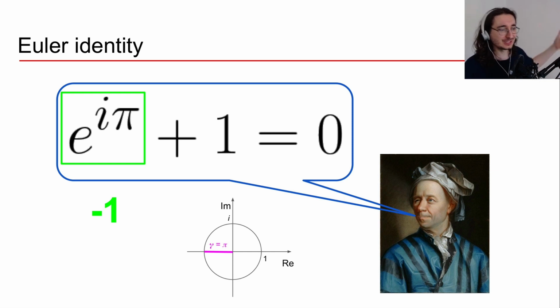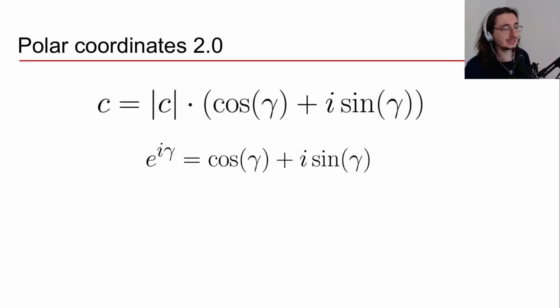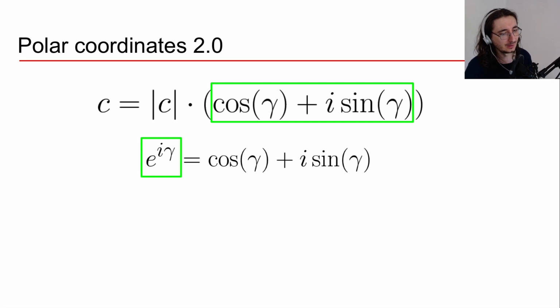Okay, but now let's go back to our polar coordinates for the complex numbers. The top equation here gives us the polar coordinates as we've come to know them. And here we have the Euler formula. Do you notice something interesting there that we could use to our advantage? Well, yes.